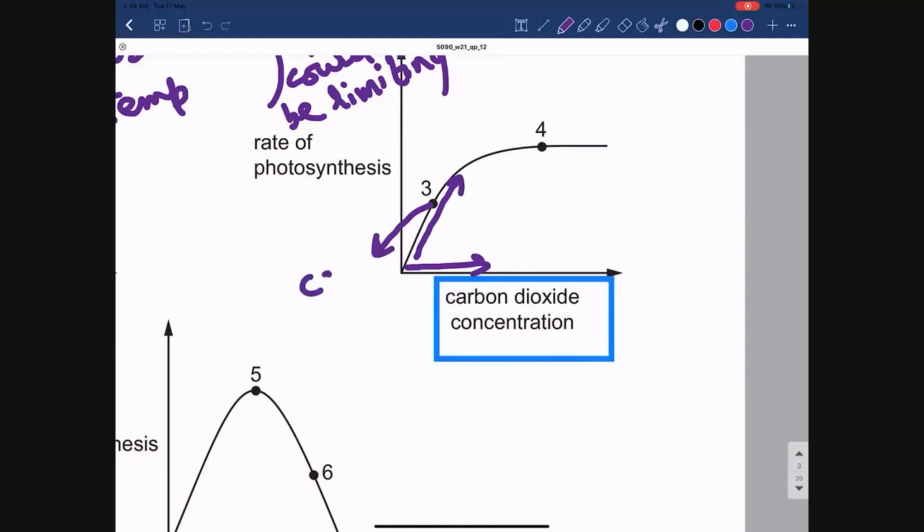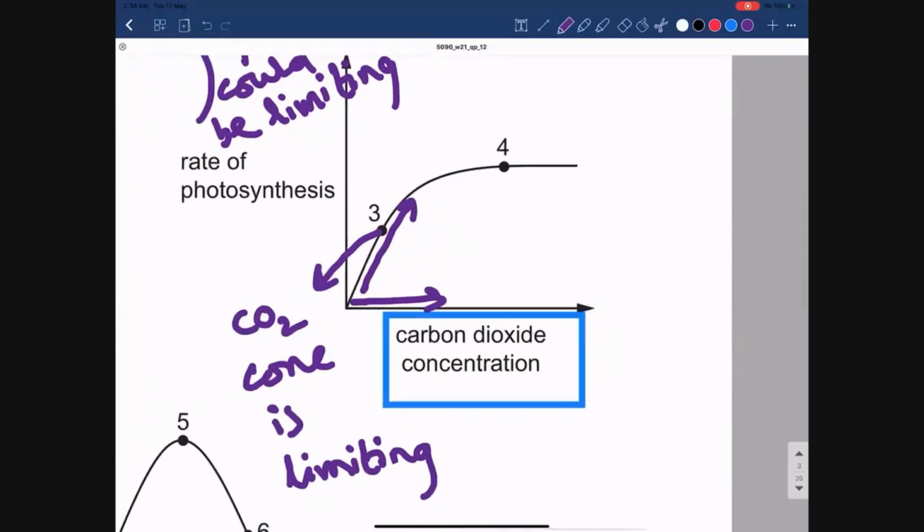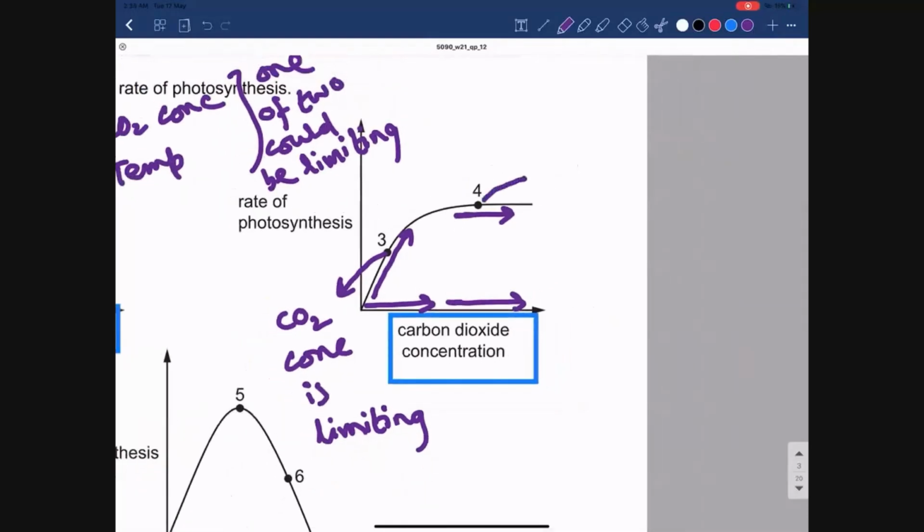It means at point 3, carbon dioxide concentration is a limiting factor. What about 4? As we are increasing the carbon dioxide concentration, there is no effect on the rate. The rate is constant. This means that at 4, CO2 concentration is not a limiting factor. Some other factor might be limiting.